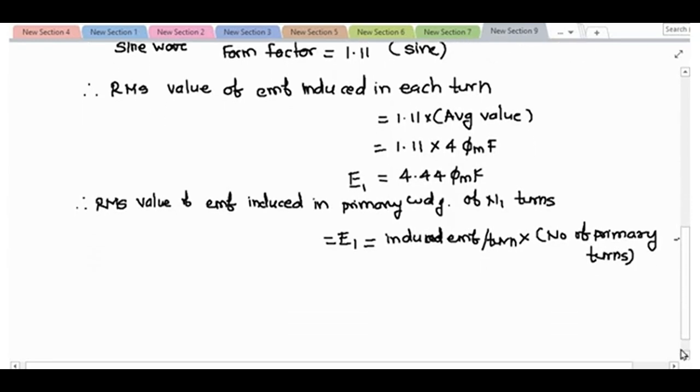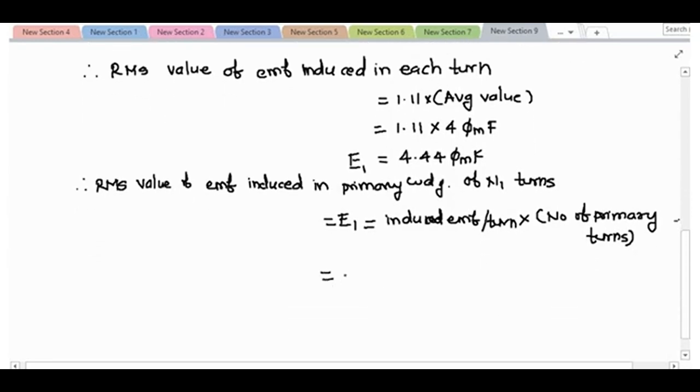How many primary turns have we assumed? N1. So therefore I can write E1 is equal to 4.44 phi m f N1 volts.